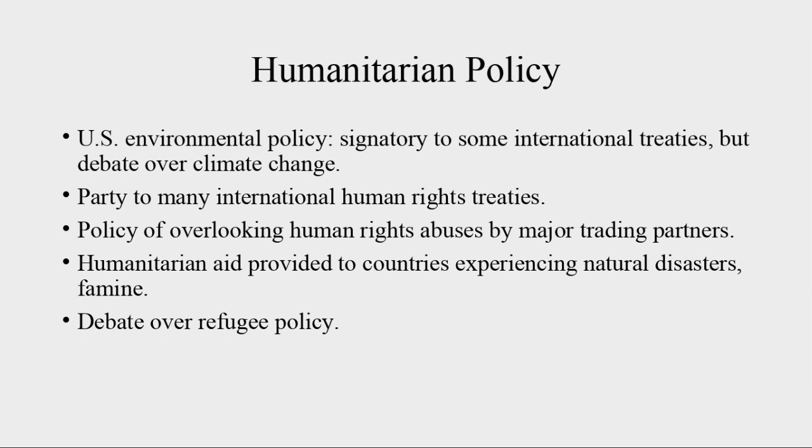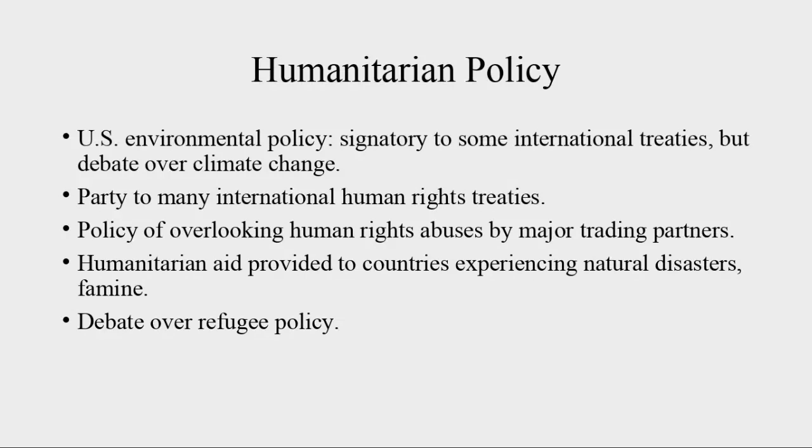And we spent about $300 million helping the recently independent country of South Sudan with famine. So if a country is experiencing famine or an earthquake, we do tend to send humanitarian aid to try and help out.